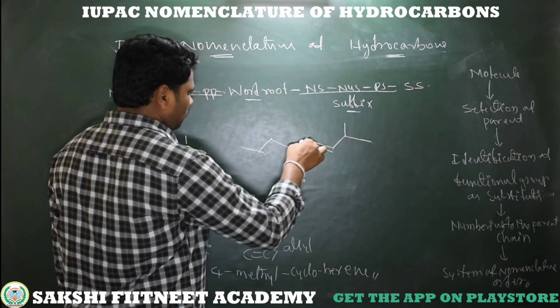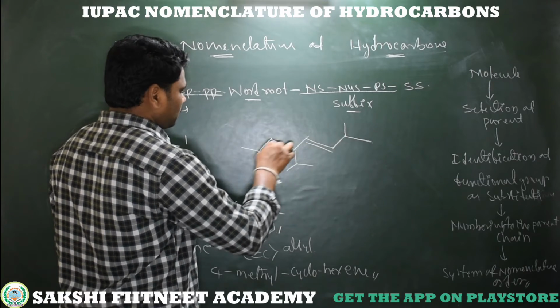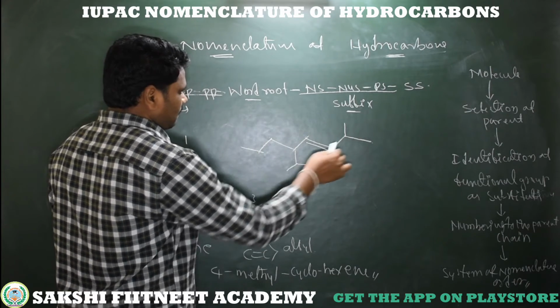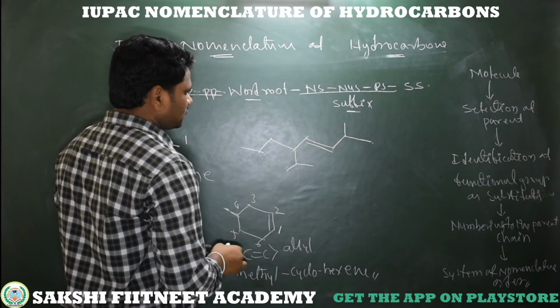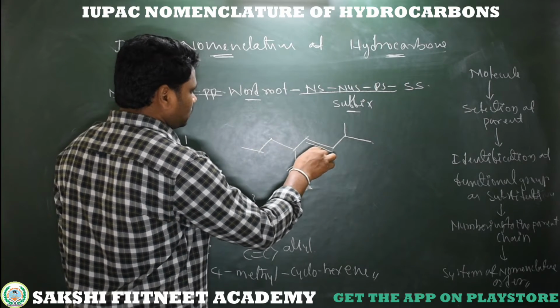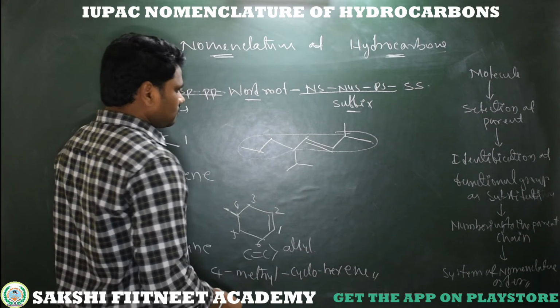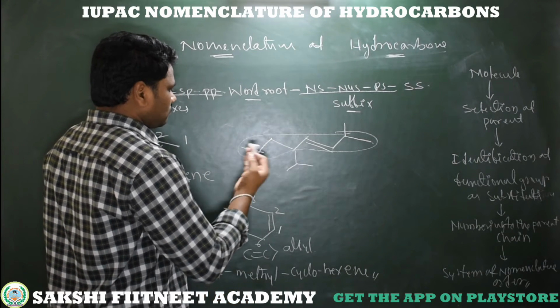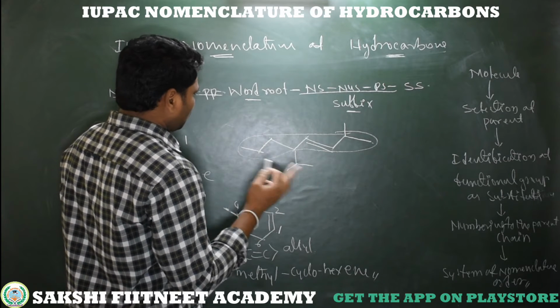1, 2, 3, 4, 5, 6, 7, 8. So this path has 8 carbons. 1, 2, 3, 4, 5, 6, 7. This path has 7 carbons. So this path shows more number of carbons as well as unsaturation and substituent. So I am selecting this as the parent chain. Now we should give numbers to this parent chain. Numbering done from right or left.